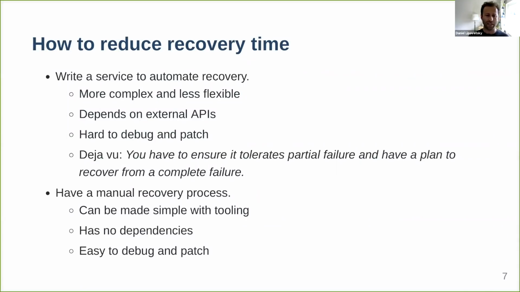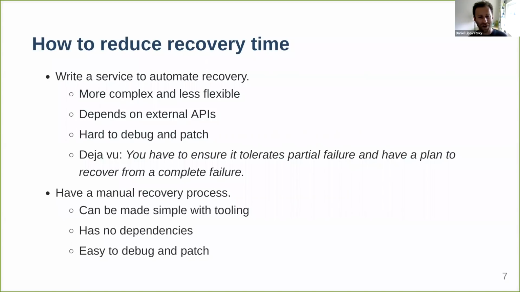And of course, it's harder to debug and to patch. If you find that there is an issue at the very time that you need to recover, you just don't have very much time to investigate what this automatic recovery service is doing, if it's doing something incorrectly. And finally, you're trying to ensure that you're tolerating partial failure and being able to recover this one distributed system, which is etcd.